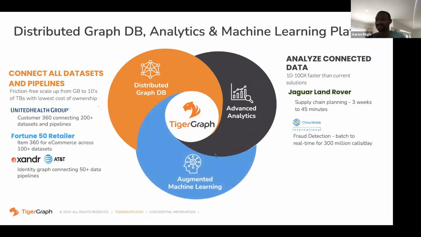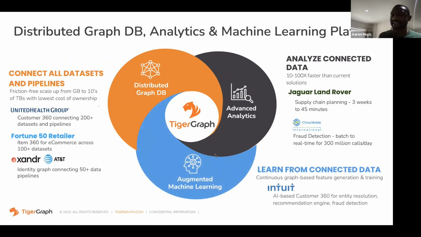And then lastly, an area that really excites me is, once you have your data and you're loading it into a graph, you can now extract graph-based features out of that data that you weren't able to extract before. And you can feed those into existing AI and ML pipelines. Intuit are using an AI and ML pipeline for their fraud detection.